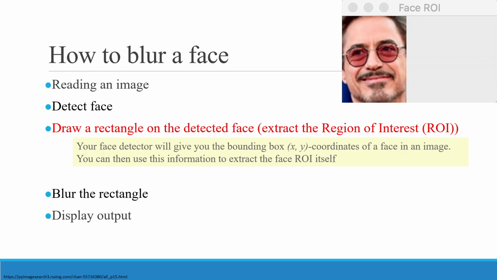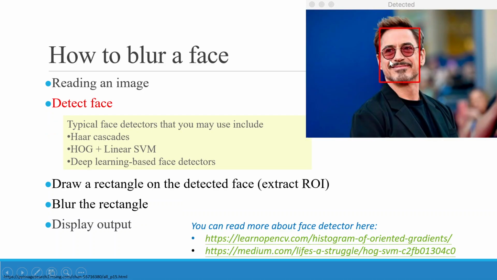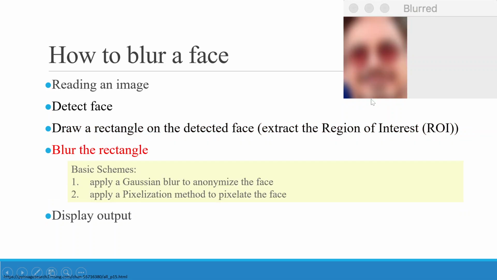In this rectangle, your face detector should provide you the boundary for this face, the position of x and y, and you can use this information to extract the face ROI itself. Like this, you just extract this face, and then you blur this rectangle.